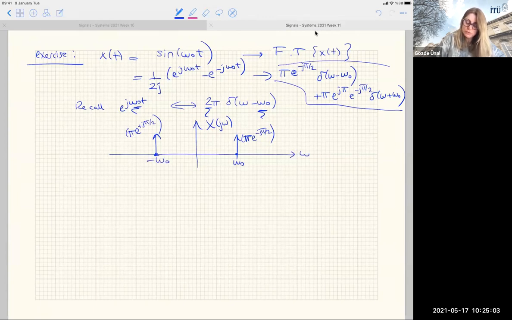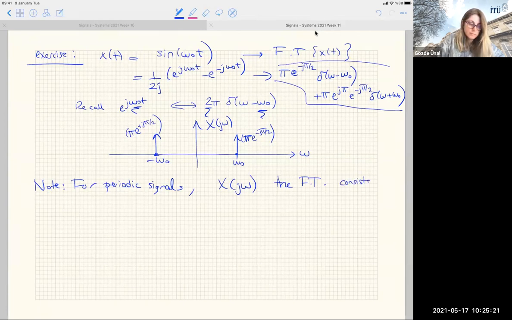Actually, for periodic signals, let's note this. For periodic signals, the Fourier transform consists of weighted impulses at harmonic frequencies.